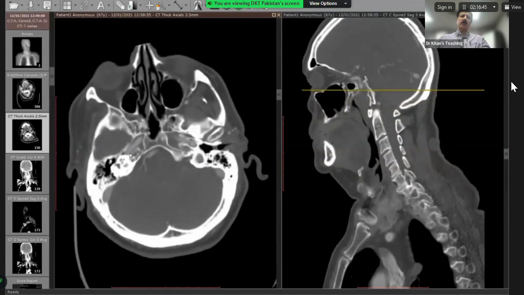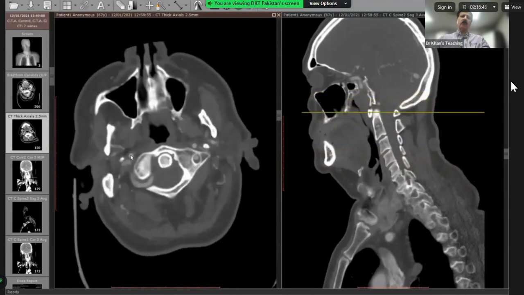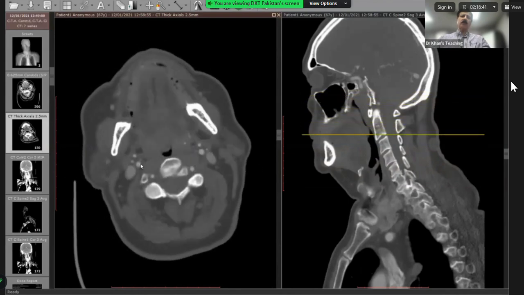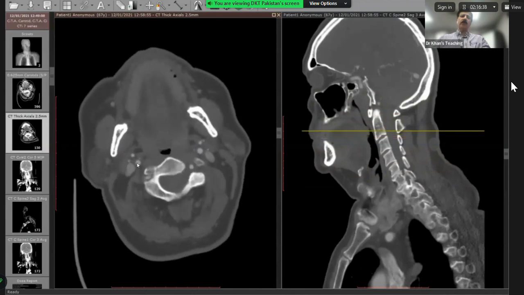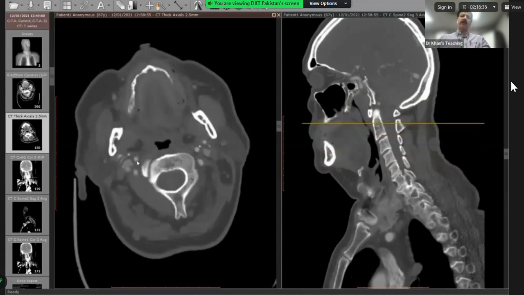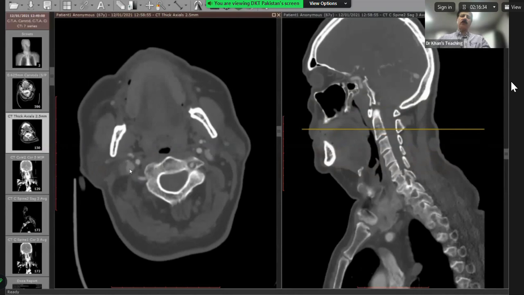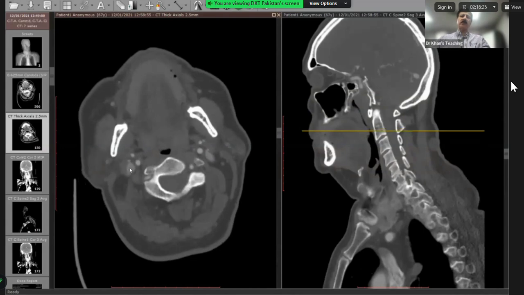So this is the internal carotid. Let me trace it backwards. So this is the internal carotid artery, and here, this is the carotid artery and this is the jugular vein. And everything here together is in the carotid space.